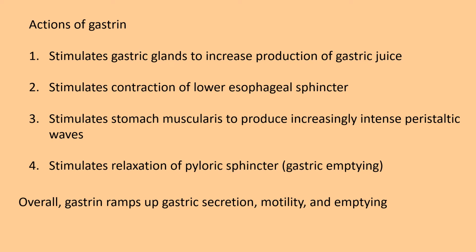When that pyloric sphincter begins to relax, that valve opens up a little bit, and as that valve opens, gastric emptying happens with every successive mixing wave. With every churn of the muscularis of the stomach, a few milliliters of chyme are shot into the duodenum. So overall, gastrin, with all of these target tissues, ramps up gastric secretion, that means the production of gastric juice, gastric motility, so these mixing waves, the churning action, and then gastric emptying, the movement of chyme from the stomach into the duodenum.